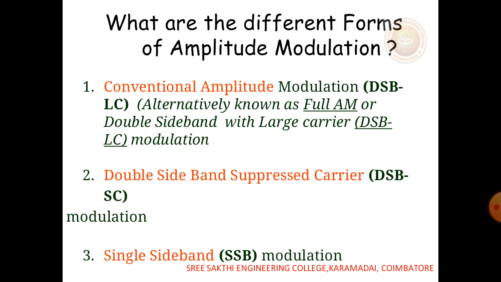We have different methods to improve efficiency and to suppress the carrier. The first type is conventional amplitude modulation, in which we have full AM and double sideband suppressed carrier. The second is single sideband suppressed carrier. In double sideband suppressed carrier, after modulation the signal initially has the carrier and two sidebands.